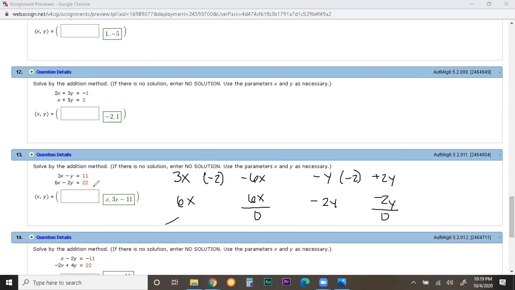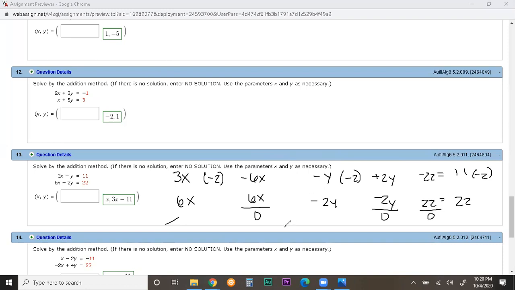Another thing that you can notice, for our c, we have 11 and 22. If we multiply 11 by -2, we will have -22 and positive 22, which is also 0, okay?